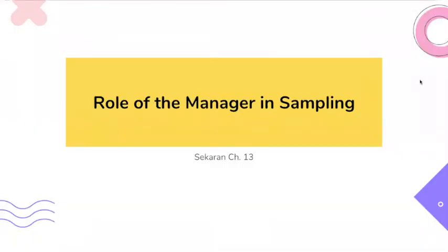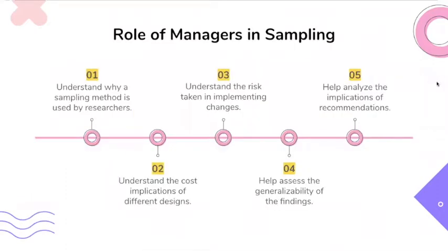We can move on to the role of the manager in sampling. There are 5 roles of managers in sampling from the current book that I noted down. The first one is that managers need to understand why a sampling method is used by researchers.